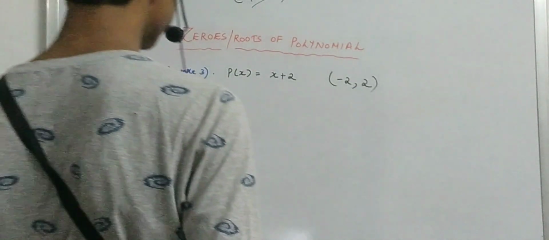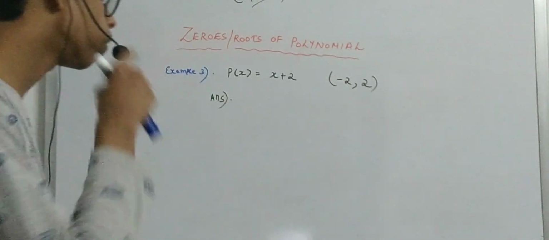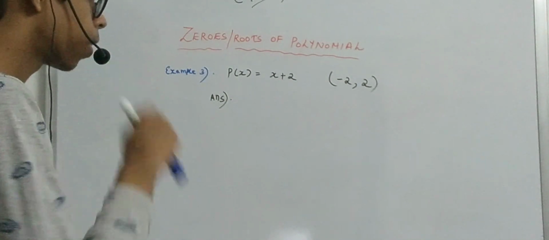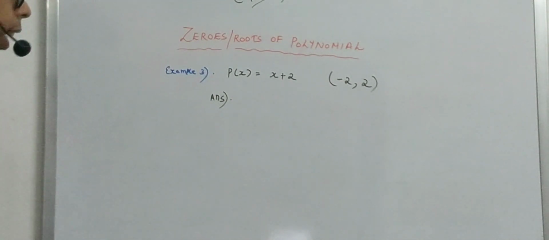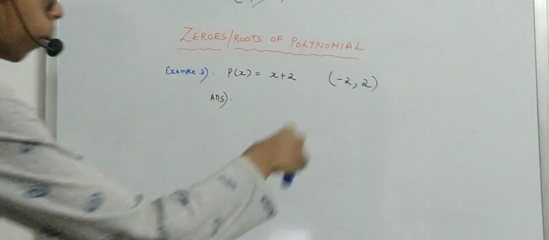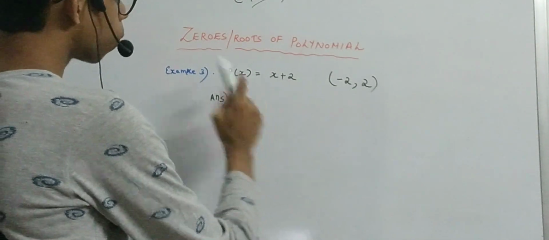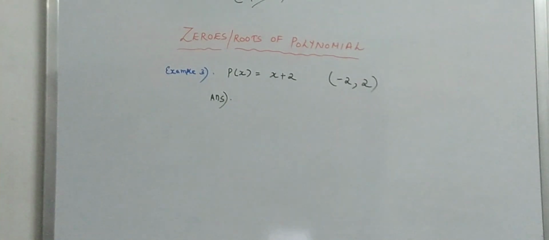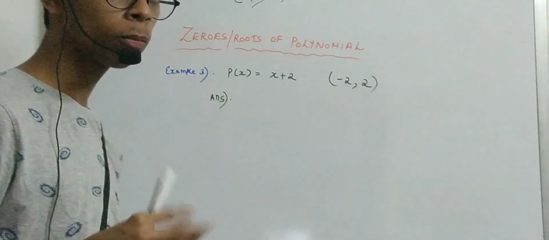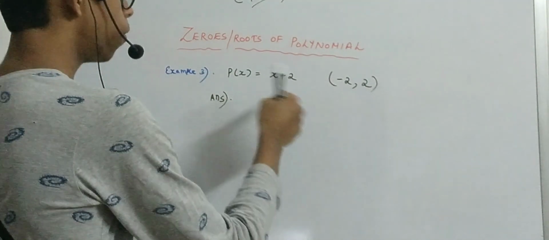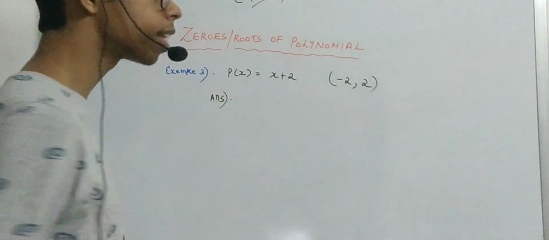Now let's understand the zeros of a polynomial with our example question. Example number 3 is: check whether minus 2 and 2 are the zeros of the polynomial p of x is equal to x plus 2. We know zeros means the value at which this entire thing becomes 0.